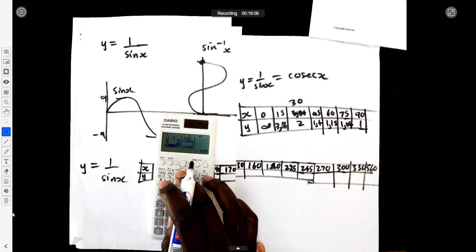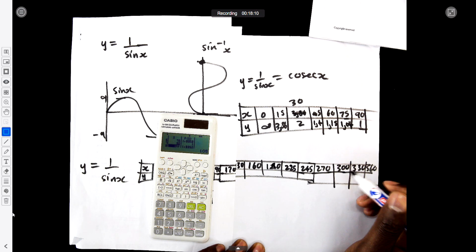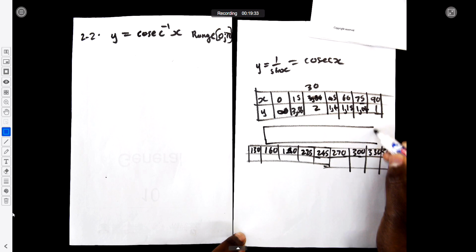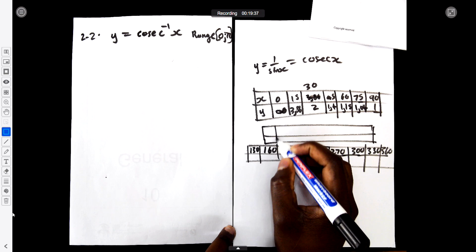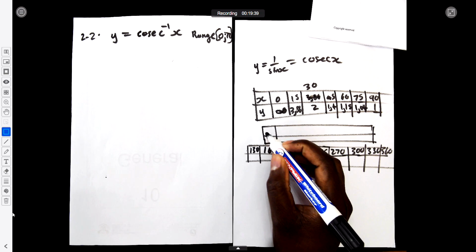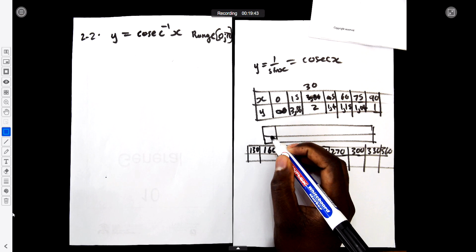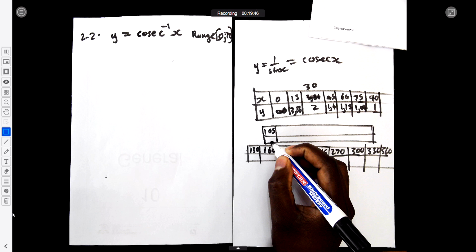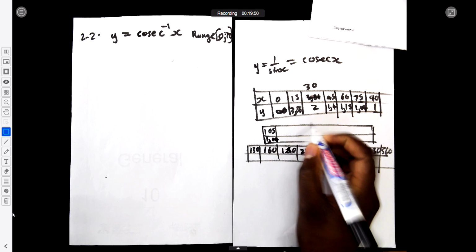And then it starts dropping back again, duplicating the values. I always put small tables. Let me write the other ones, because I must make sure I show you everything. At 105, we got 1.04.